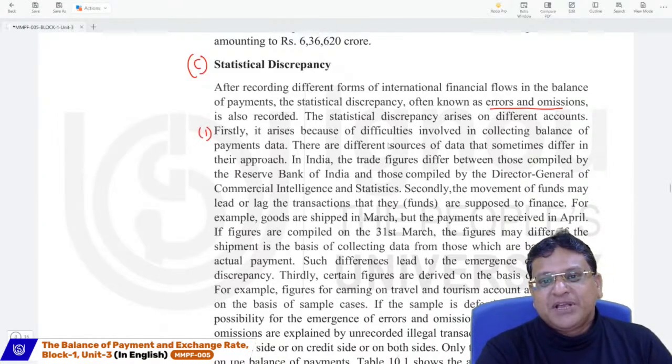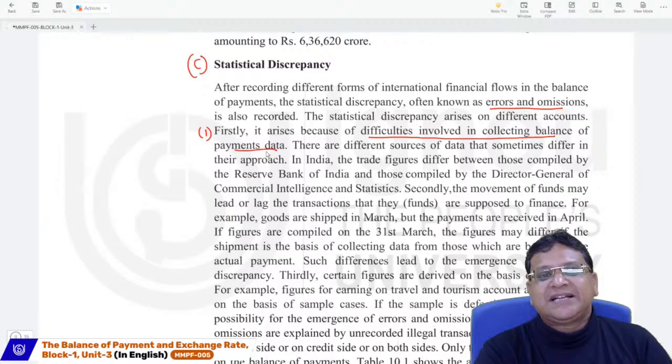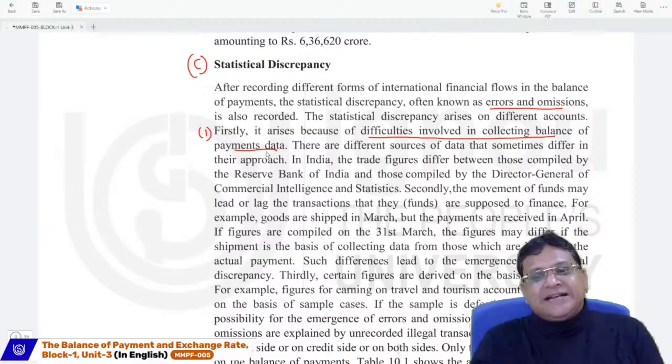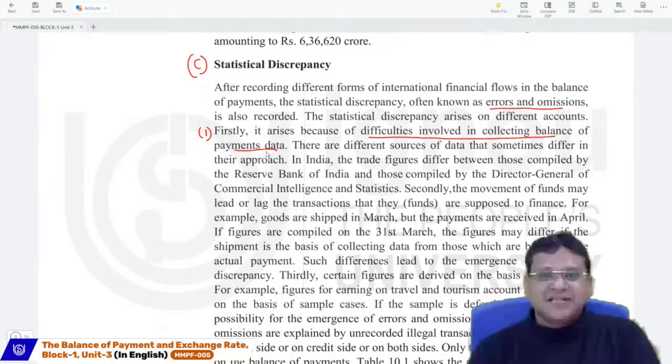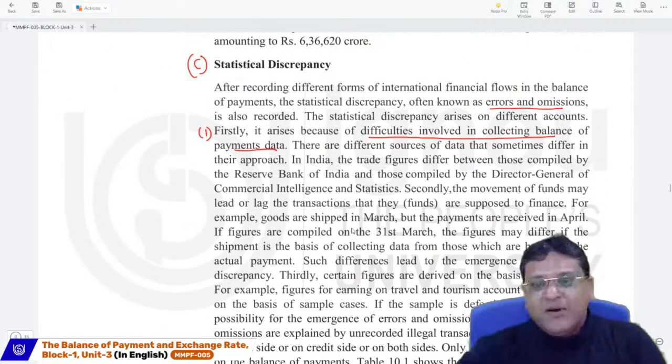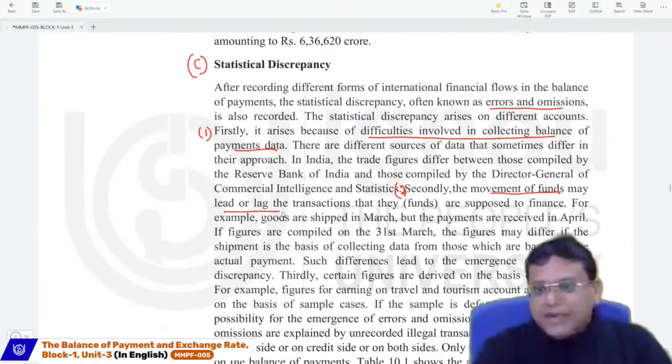It can arise because of difficulties involved in collecting. It is very difficult to collect and compile the data of an entire country, and there might be some errors, and these errors will be checked and balanced under statistical discrepancy or error and omission. Second reason, the movement of funds may lead or lag the transactions.